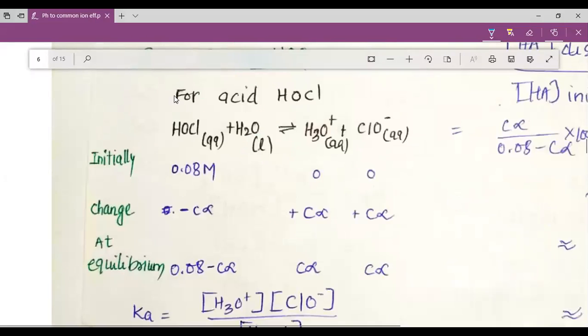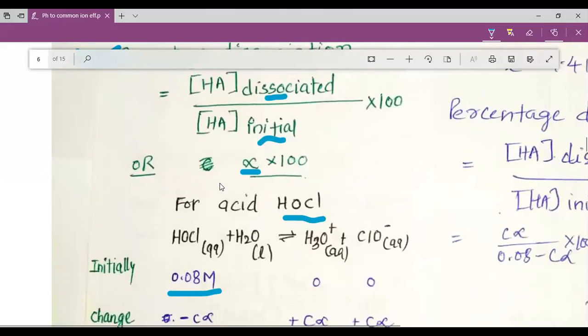Now we know that for acid HOCl, we can write the dissociation equilibrium, and that is HOCl plus H2O, that gives us H3O plus and ClO minus. Initial concentration of HOCl is given, which is 0.08 mole per liter, that you can see from the question itself.